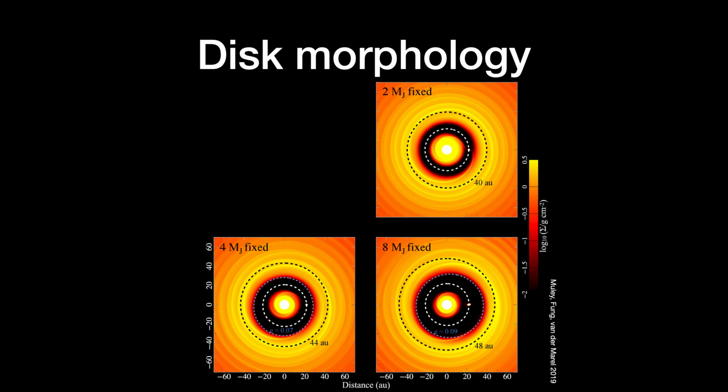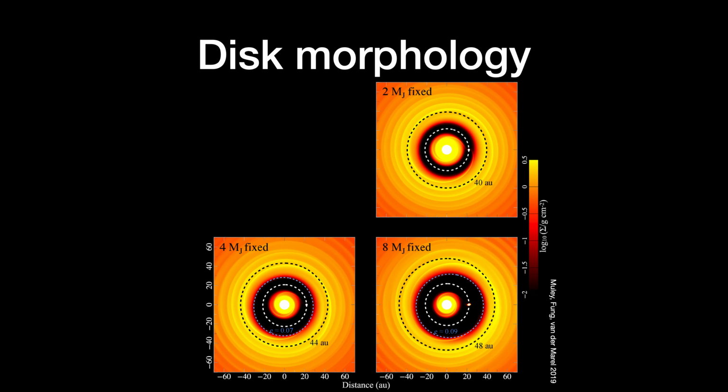find not only a much narrower transition cavity, but you also find that the separation between the optically thin gas cavity, where the surface density of gas goes below 10 to the minus 2 grams per centimeter squared, and the outer pressure ring is very small.